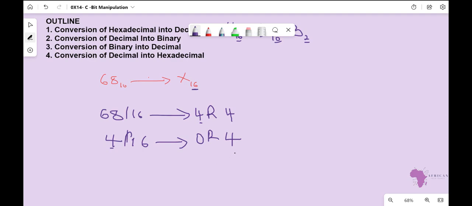So now, guys, we begin writing them from the bottom, reversing the order. So it means that 68 in base 10 is equal to 4 in hexadecimal. But remember, guys, we need to have what we call hexadecimal notation. So our notation for hexadecimal is 0x.